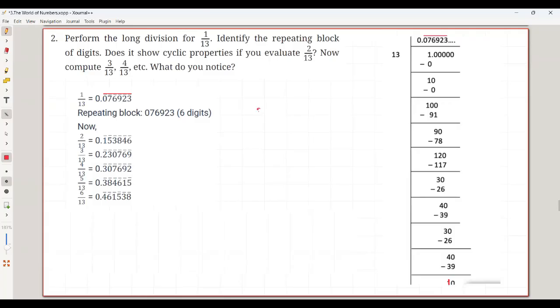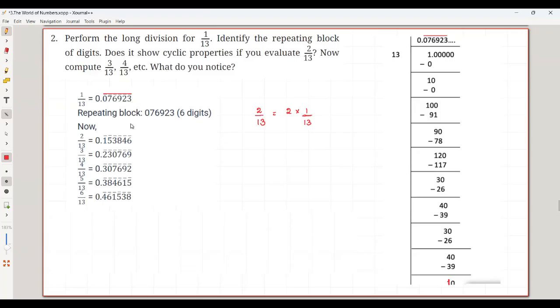If you want to find 2 by 13, that is nothing but 2 into 1 by 13. With the 1 by 13, we just multiply with 2.